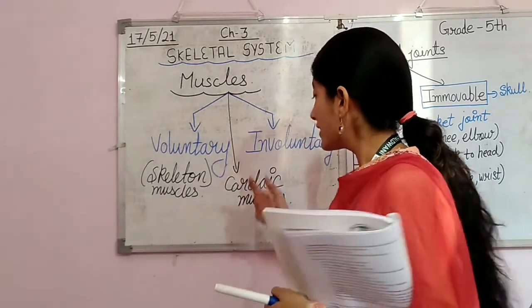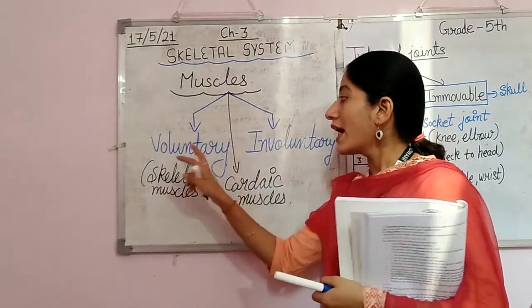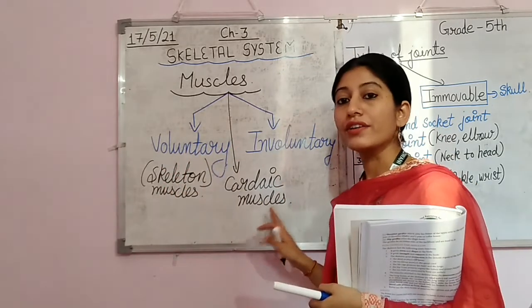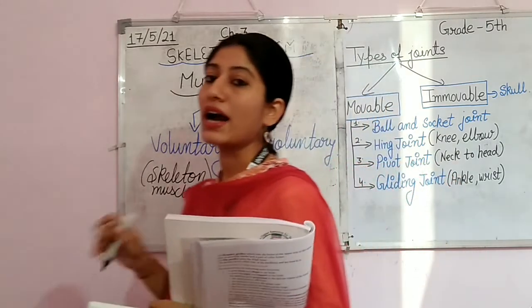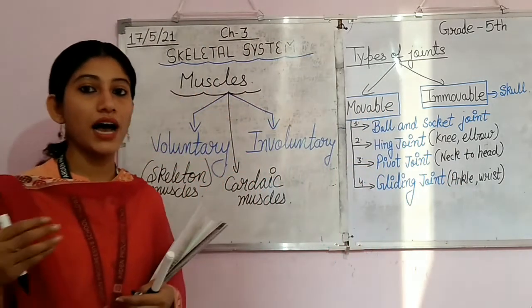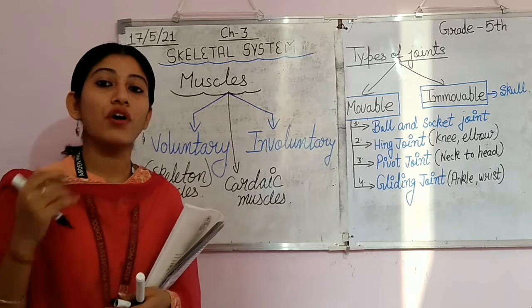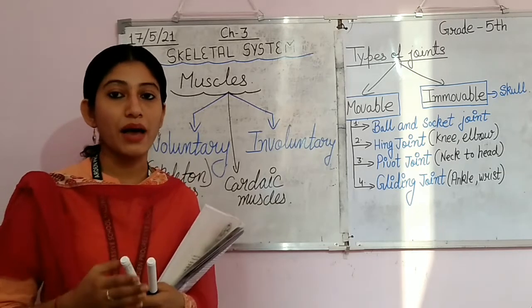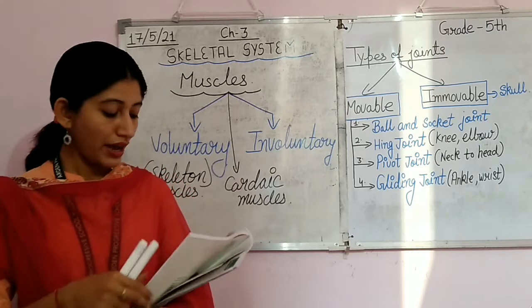Such muscles are called cardiac muscles. For example, muscles of our heart.